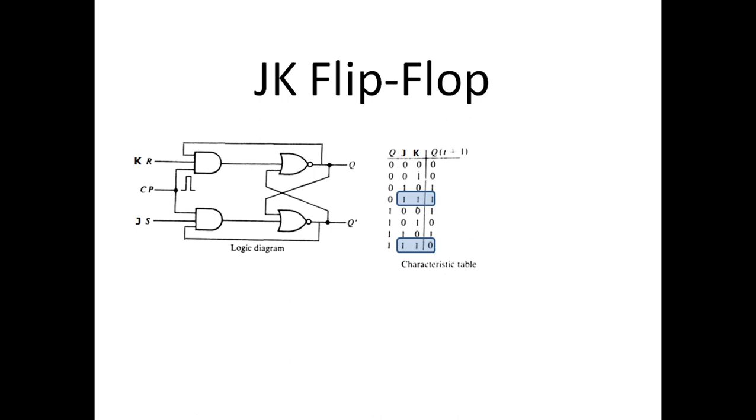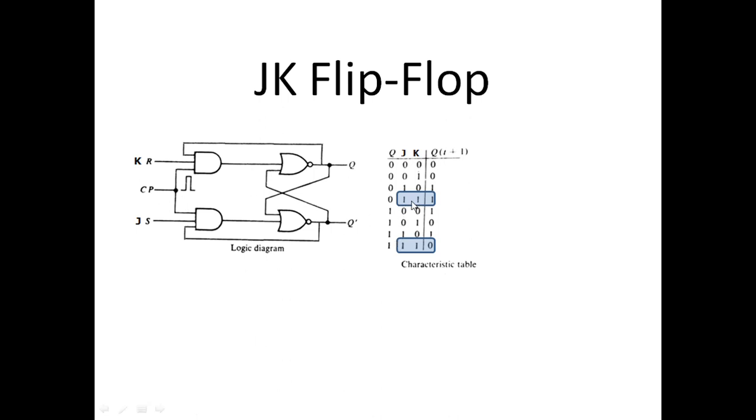So in the RS flip-flop implemented with NOR gate, we had indeterminate for the 1, 1 input, but now we have a defined output. In other words, in the JK flip-flop, whenever 1 is provided at both inputs, it will complement the current state of the flip-flop.